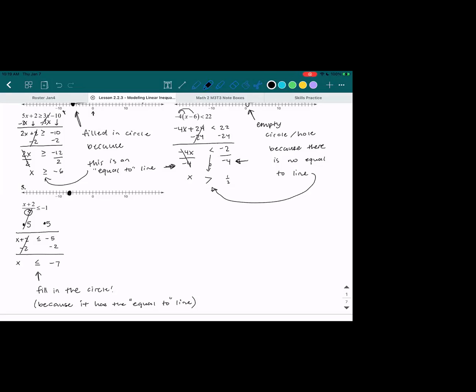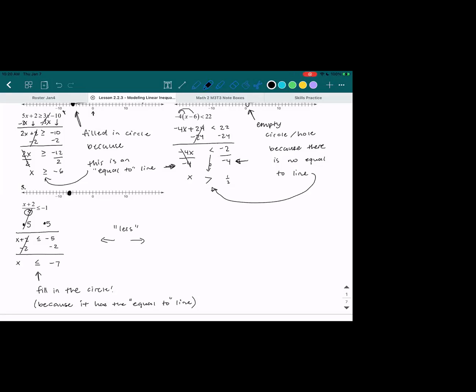Should I shade to the left or shade to the right for less than? Type it in the chat, left or right for less. Good, yeah.